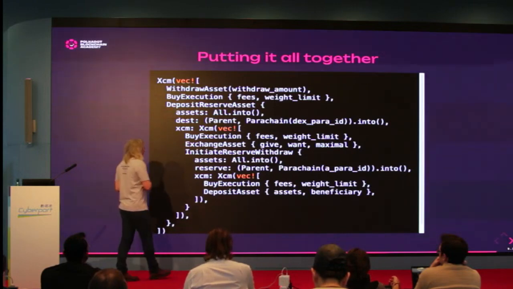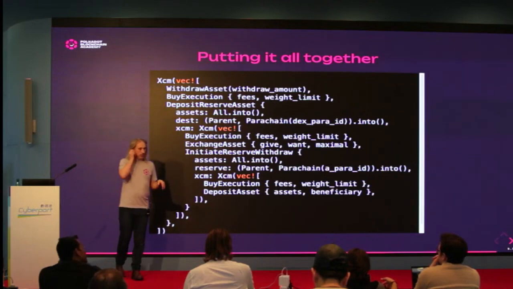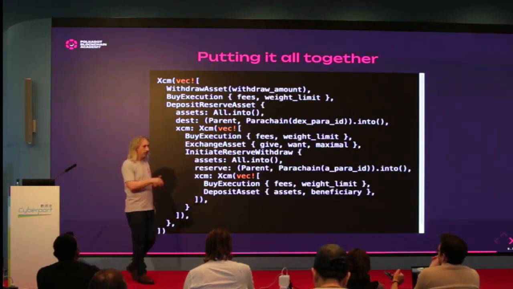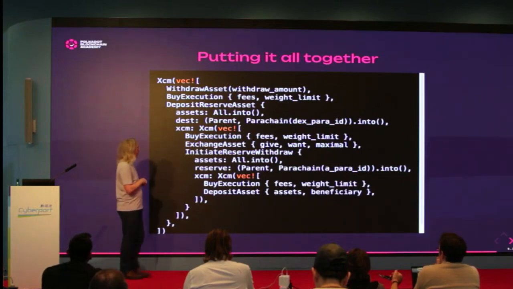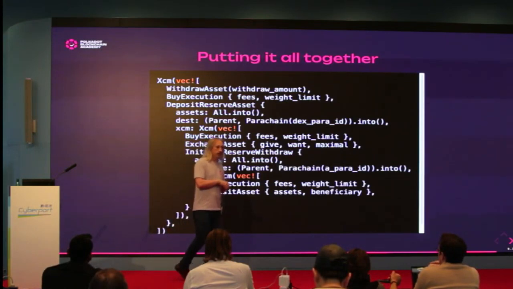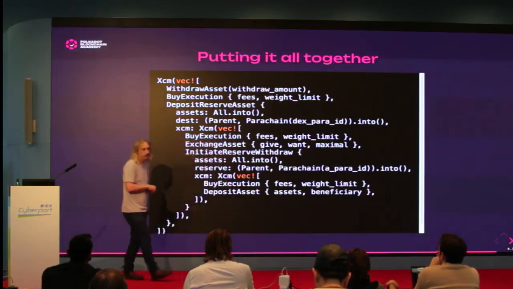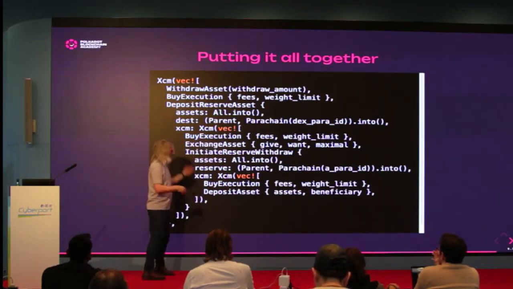This might be something that we revisit in the future, but for now, initiate reserve withdraw takes fees in a separate fashion, and it will be based on, amongst other things, how full the message queues are. Otherwise, someone could just send lots and lots of messages and fill up the queues.